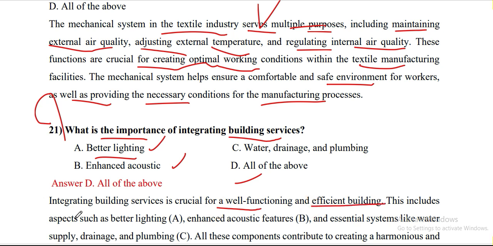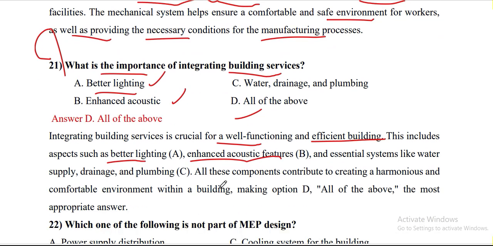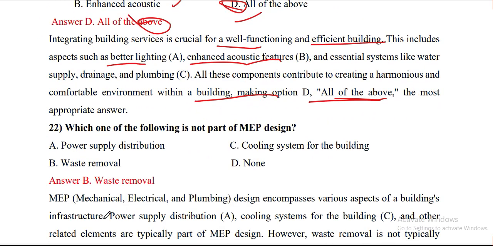These include aspects such as better lighting, option A, enhanced acoustic features, and essential systems like water supply, drainage, and plumbing. All components create a harmonious building. So option D is the best answer.